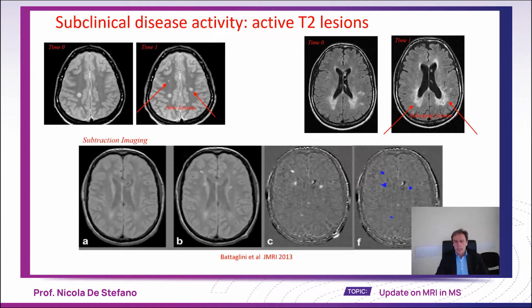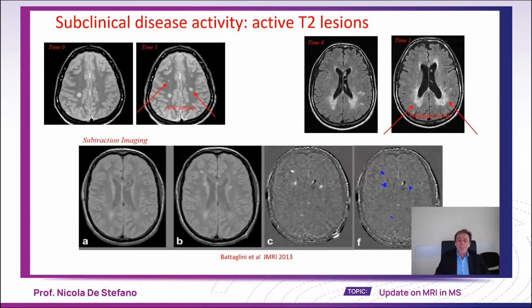One time scan is subtracted from the other in order to make the lesions evident and quantify them through a platform that can do these things for you, helping the radiologists in making a more accurate job. This is actually quite important.